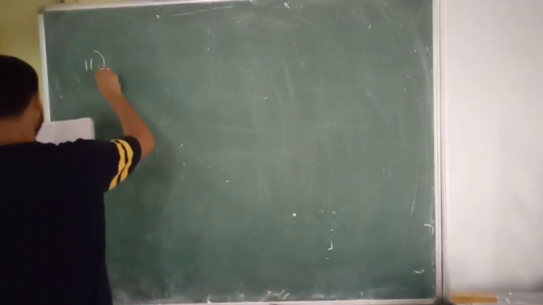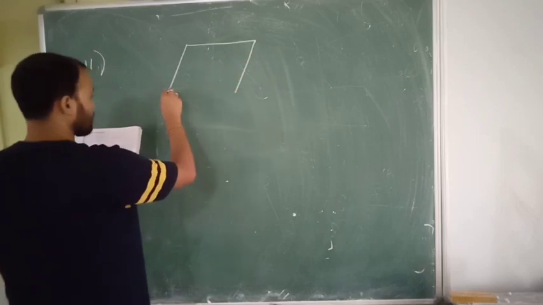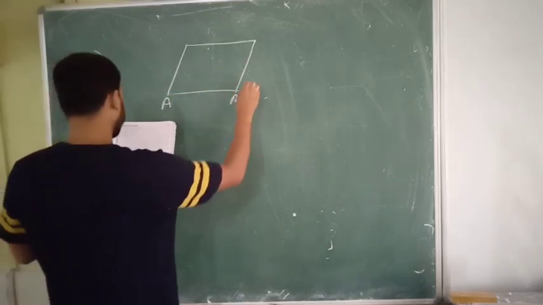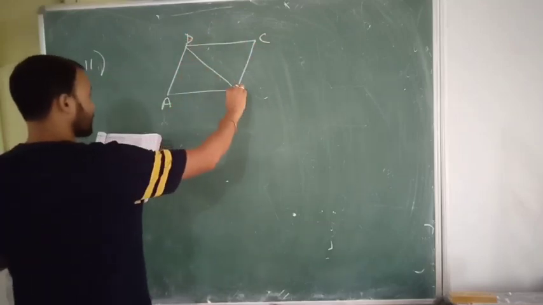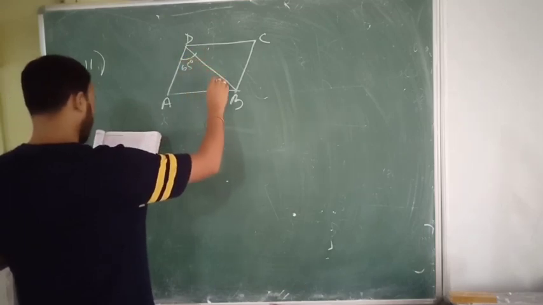Now see, question number 11 is A, B, C, 65, 50.